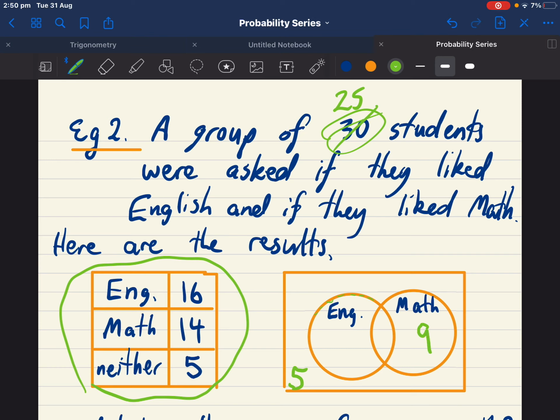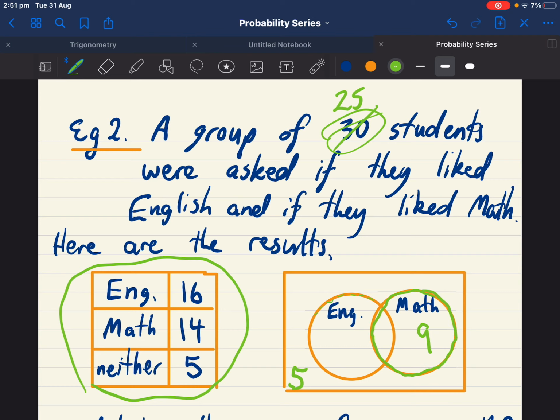If 16 of them belong in the English circle, and we need 25 in total, then obviously over here in the separate maths section, we need 9, because 16 and 9 make 25. But there's more than 9 people that liked maths, right? So if you look at how many students said they liked maths, there's 14 in total. If we've got 9 there, look at the entire maths circle.